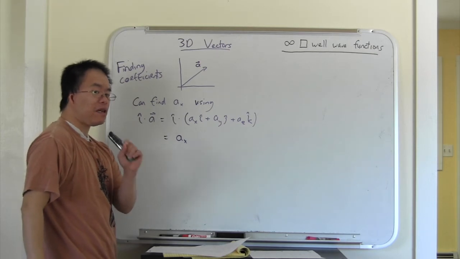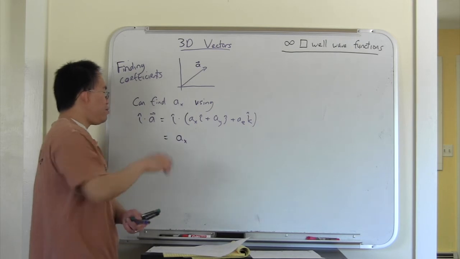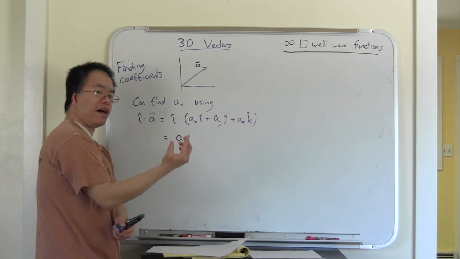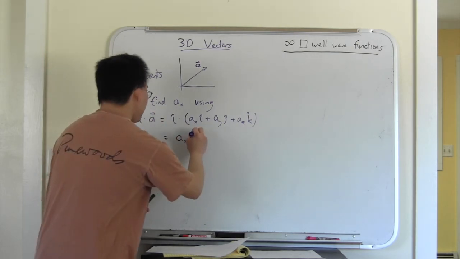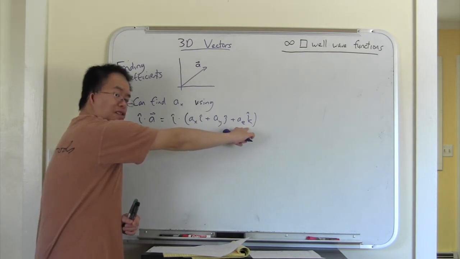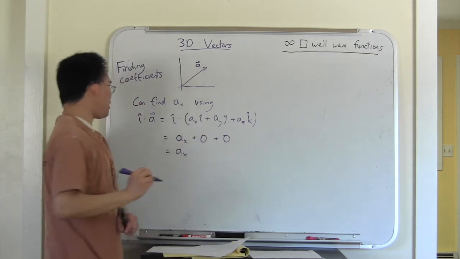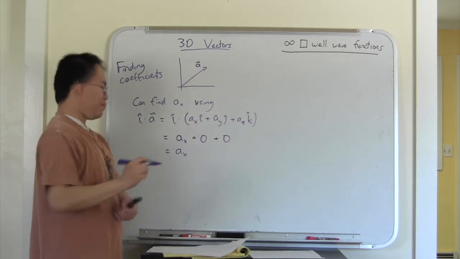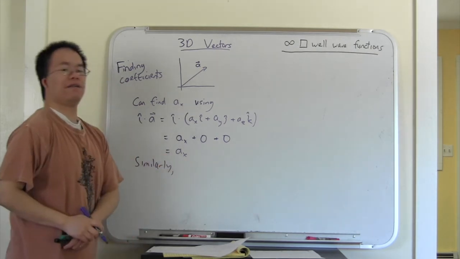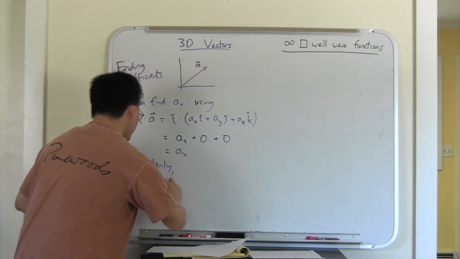But because my i hat is orthogonal to j hat, when I do the dot product of i hat with this term, i hat dot j hat gives me 0. So I have A_x plus 0. Same thing applies to i hat dot k hat, because those are orthogonal. So I end up with just A sub x. Similarly, I can find my y and z components in the same way.